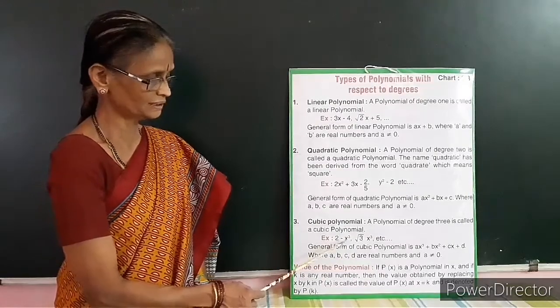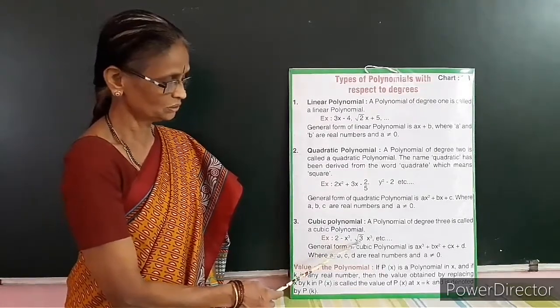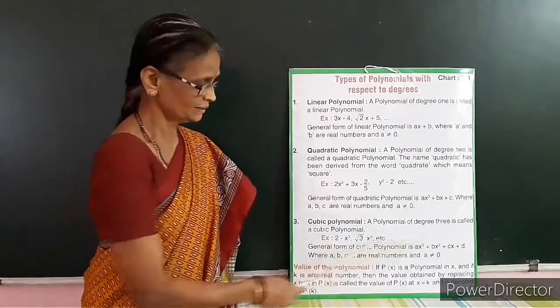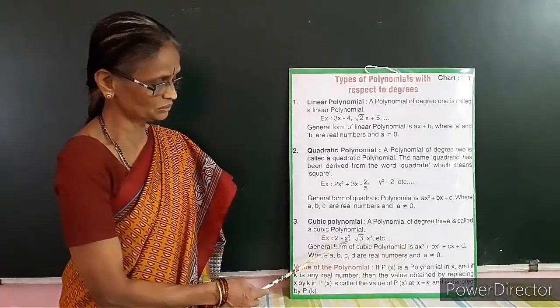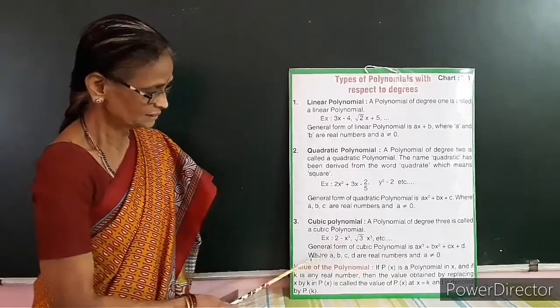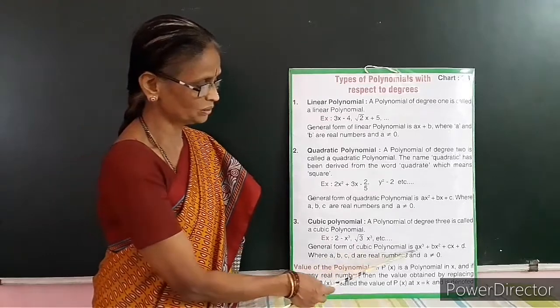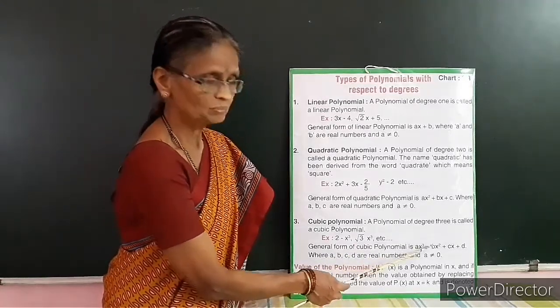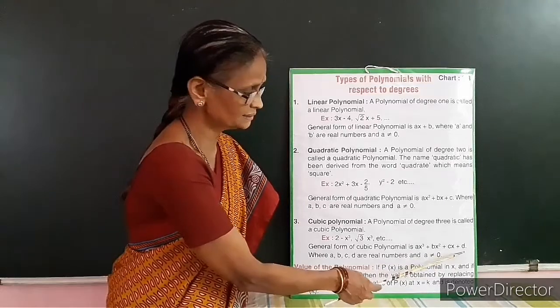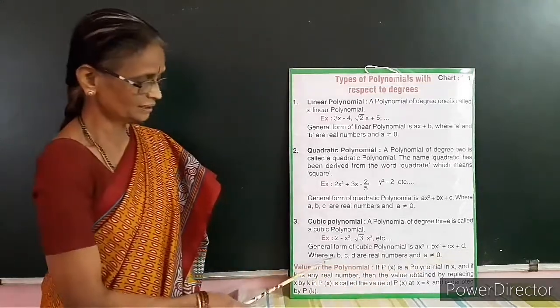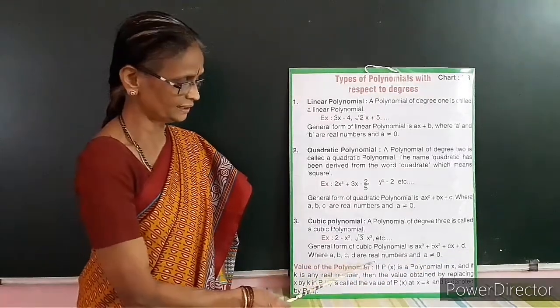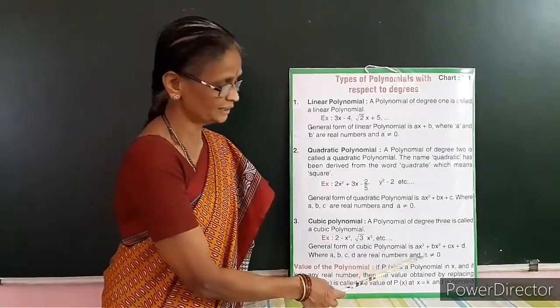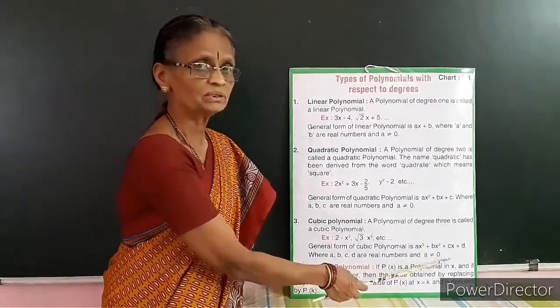Example, 2 minus x cube, root 3 x cube, etc. Here the highest power of the variable is 3. General form of cubic polynomial is ax cube plus bx square plus cx plus d, where a, b, c and d are real numbers and a is not equal to 0.